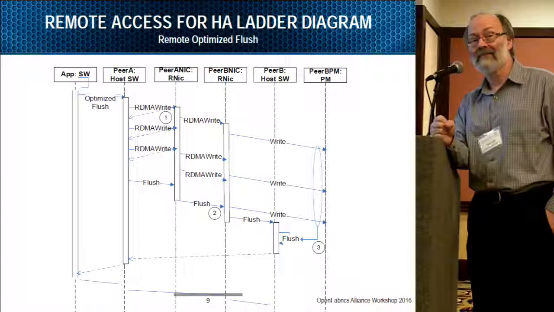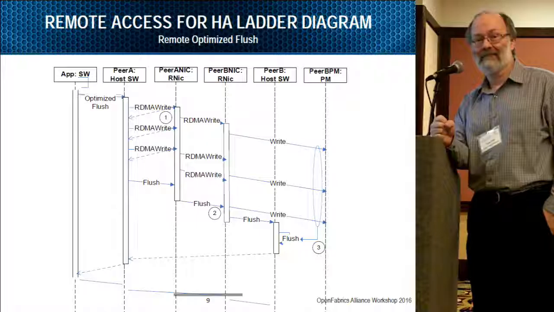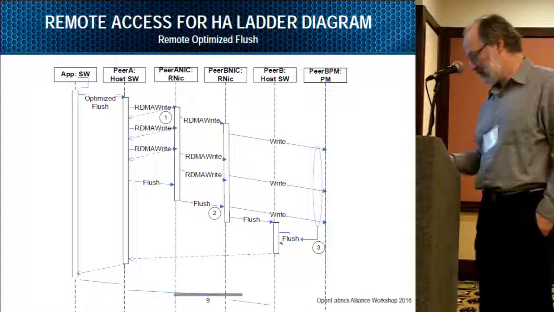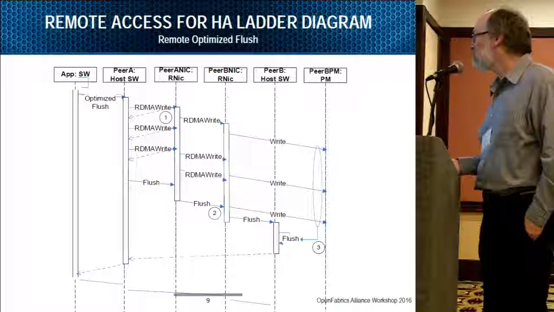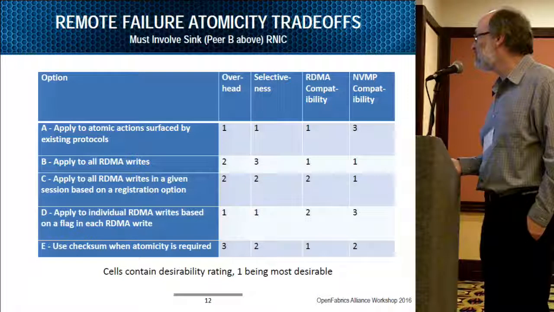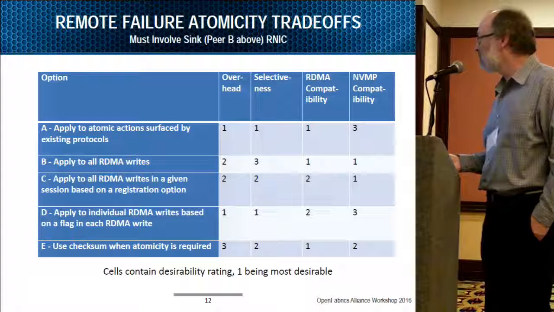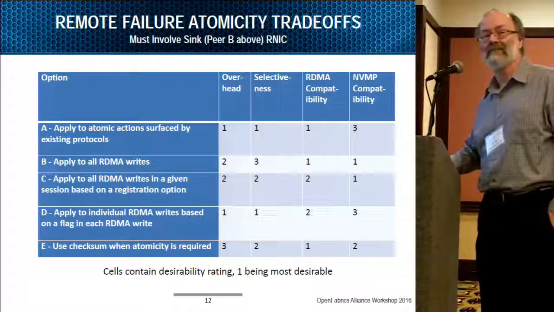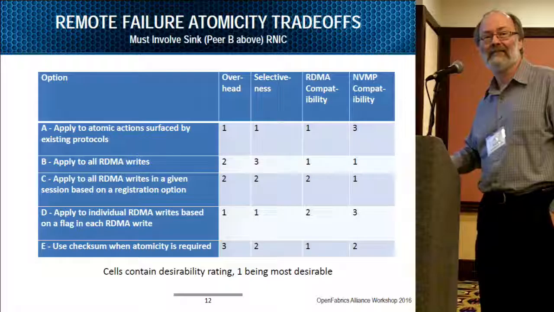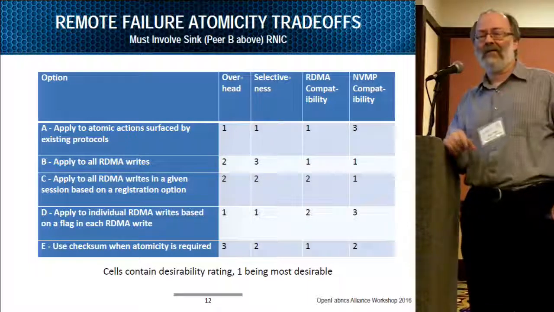So if you take this picture, and if there is a failure on the sending side, then if you move back to your slide 12, I think any of these options that you have chosen will still result in a fractured block.